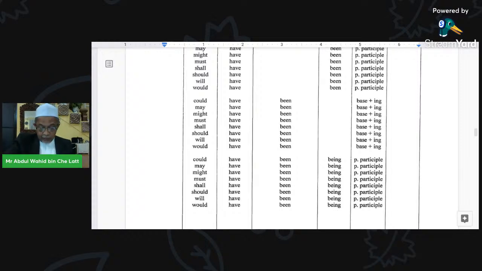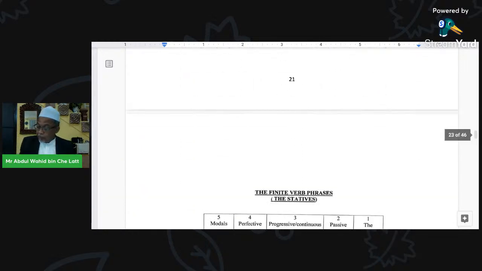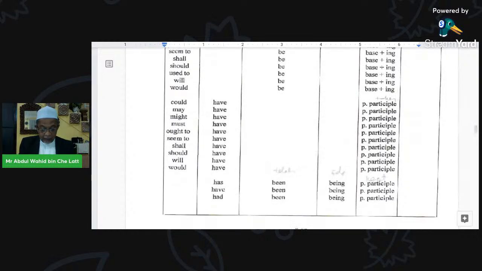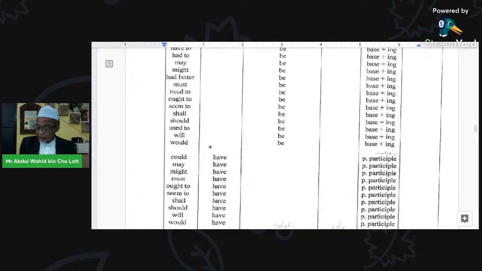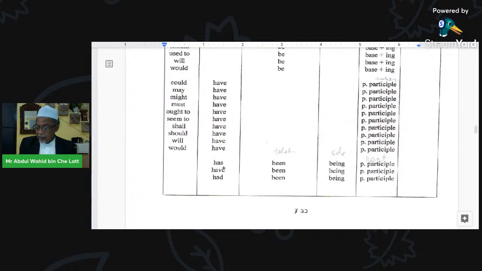Return to page 22. Put your ruler under the word has. Has, column 4. Been, column 3. Being, column 2. And participle, we have a kept for participle, yeah?